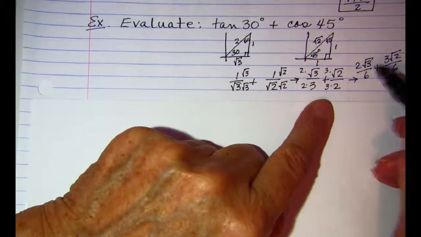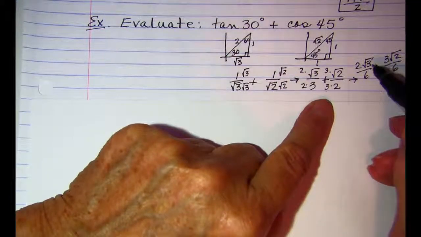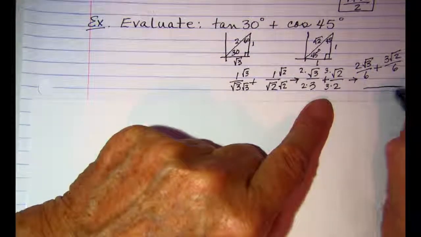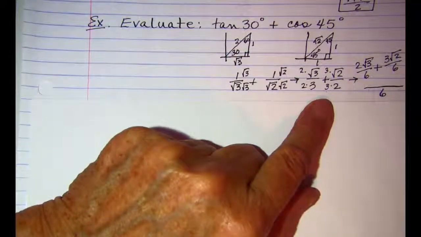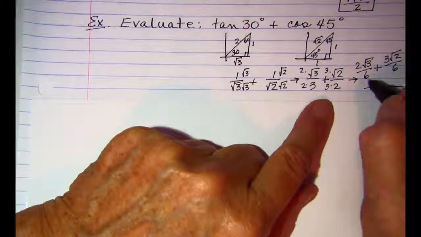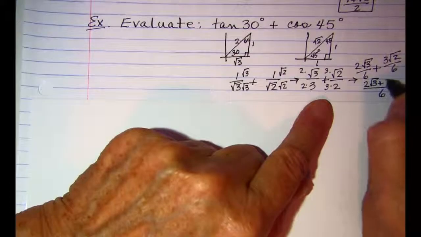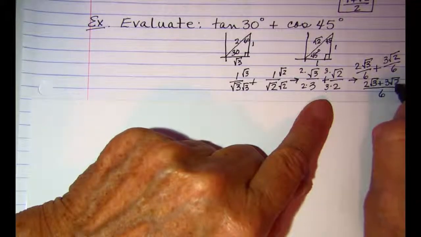They're both irrational, but we can't combine unless those radicals are the same. So I'm going to have to write this. I can use my common denominator of 6, but I'll write it as 2 root 3 plus 3 root 2.